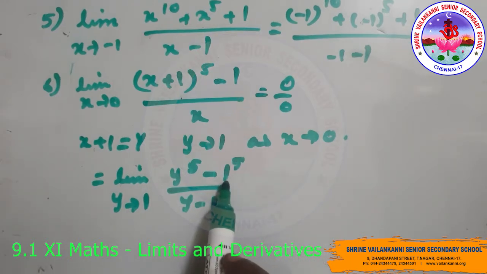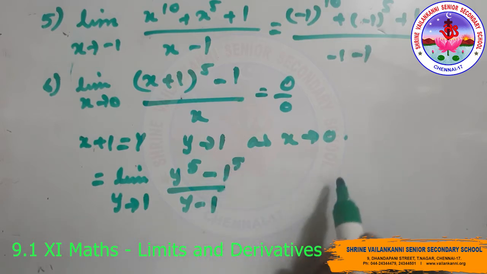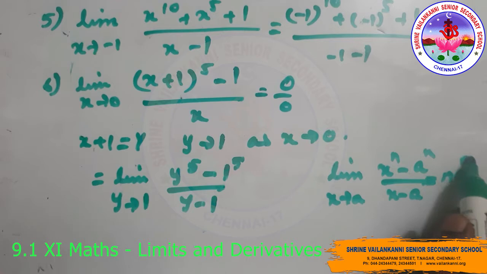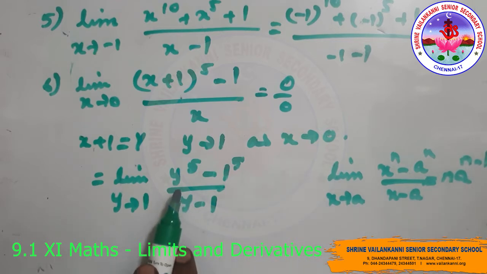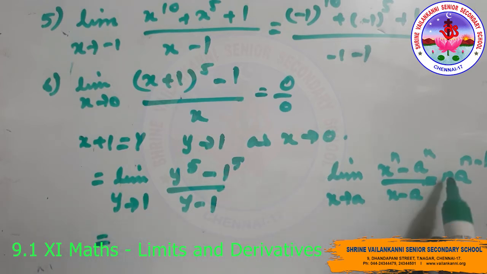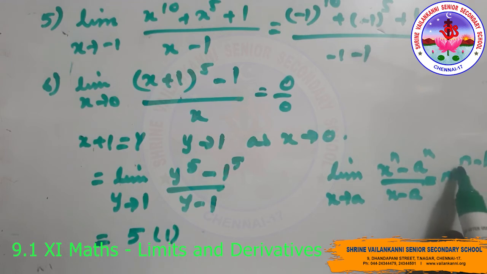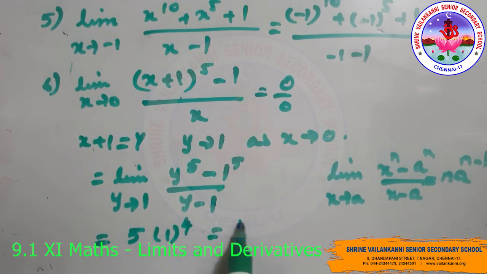I am writing 1 as 1 power 5 so that I can use the result limit x tends to a, x power n minus a power n by x minus a, which is equal to na to the power of n minus 1. So applying this result, I can write this as na to the power of n minus 1. Here n is 5 and a is 1, n minus 1, 5 minus 1 is 4, which is equal to 5.